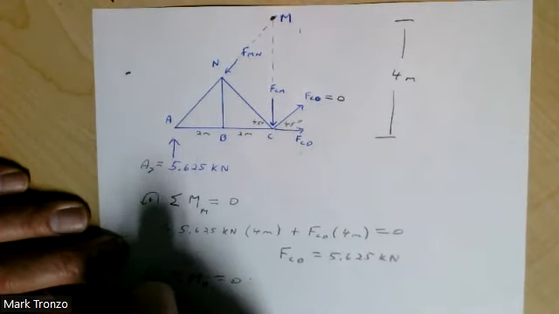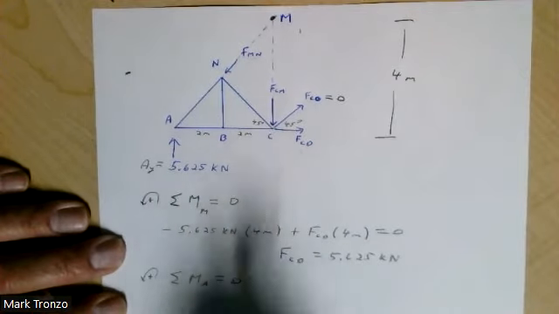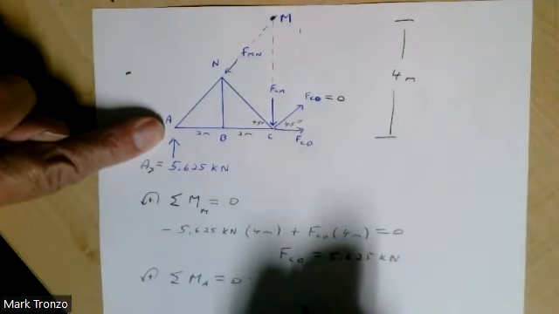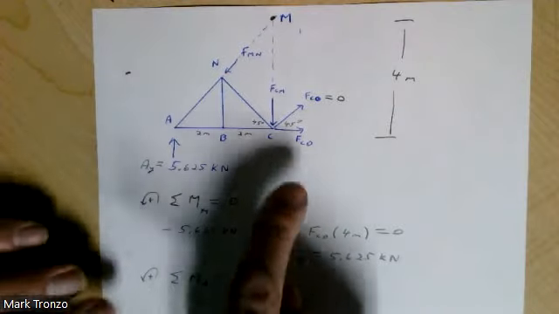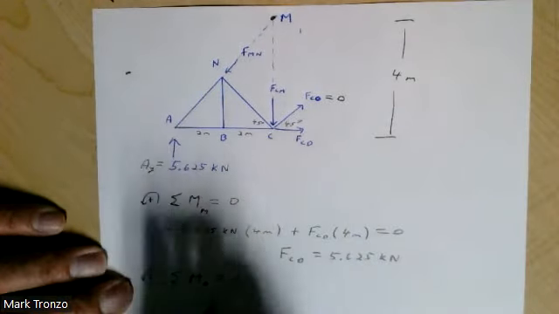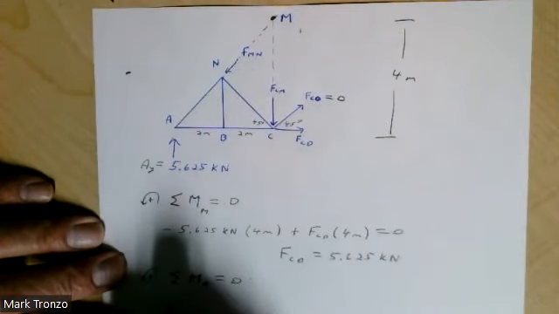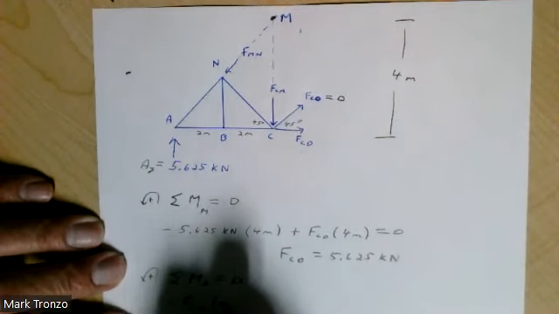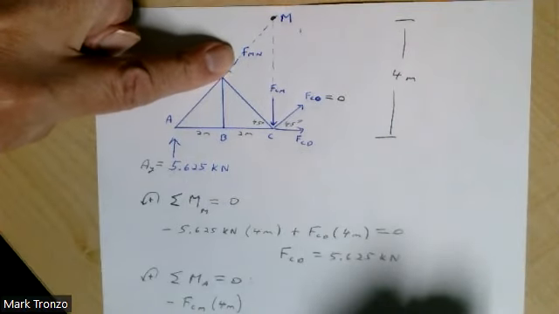Again, we'll go counterclockwise positive. So we're looking for FCM. This goes through A, so that won't cause a moment. This goes through A, it won't cause a moment. And so let's do negative FCM times 4 meters.